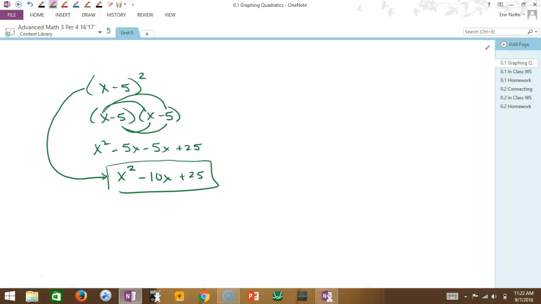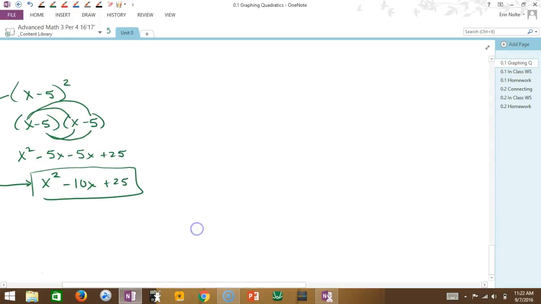Okay, so let's see if you can figure this out. Let me do another one. I'm going to go straight there and let's see if you can figure out what I'm doing. Let's say I have x, whoops, not squared, sorry, x plus 3 squared. That's going to become x squared plus 6x plus 9.